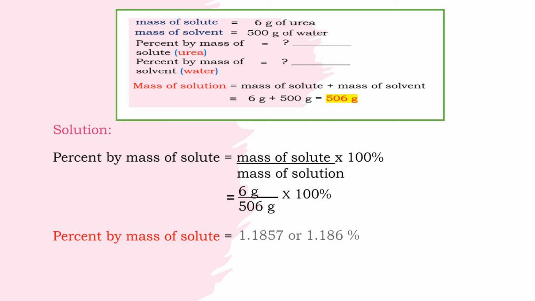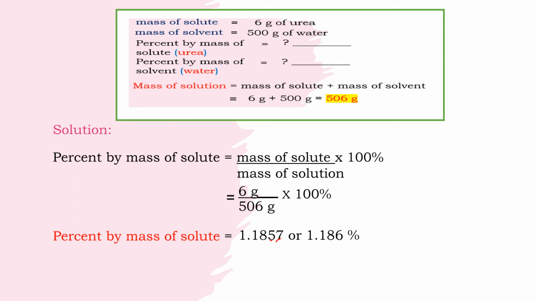So the answer is, for the percent by mass of solute, that is equal to 1.1857, or i-round off na po natin yung 7 dito sa 5 to make it 4 digits lang. So we have 1.186%. Okay? So that is our percent by mass of solute.